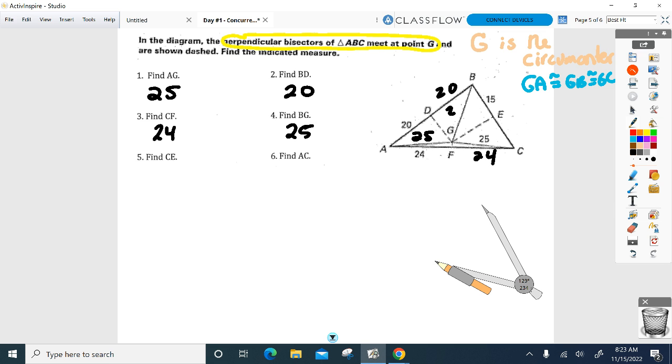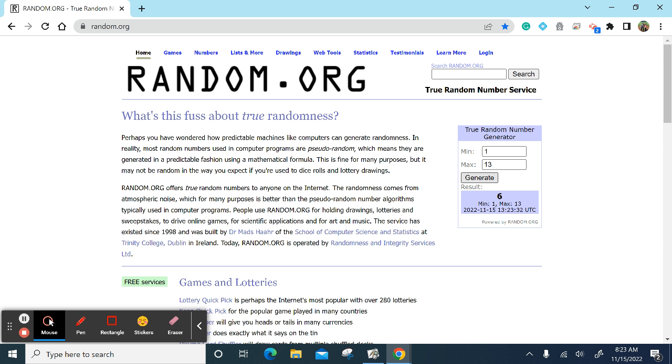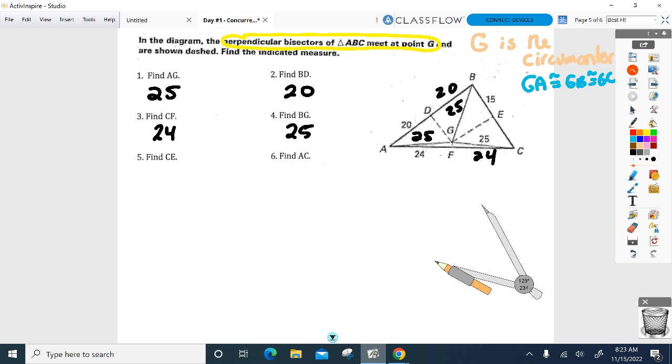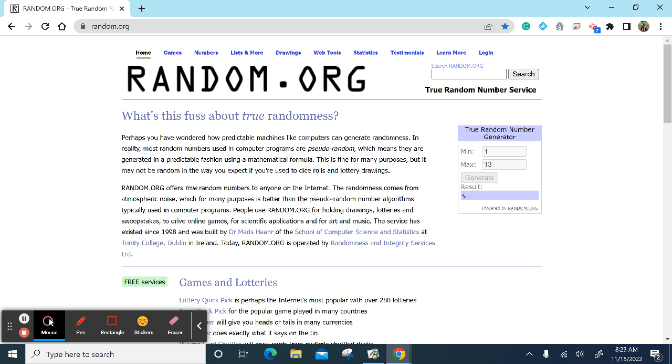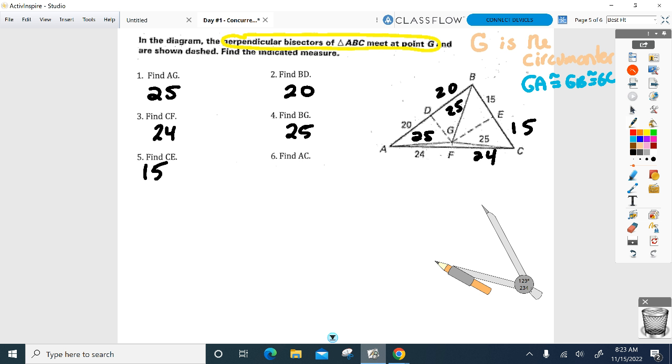Good. We're almost there. CE now. 15, it's a perpendicular bisector. And what's the last one? AC. Can we add? 48.